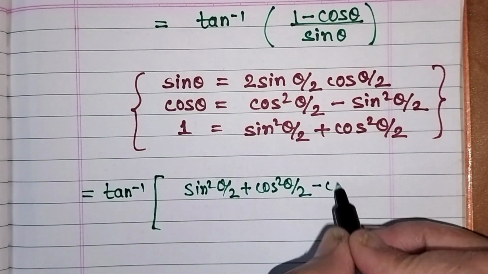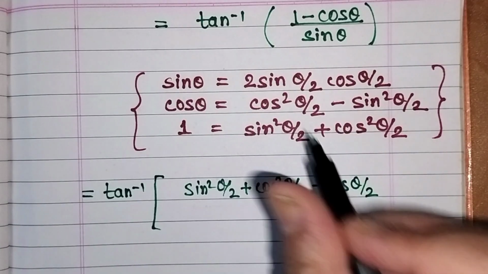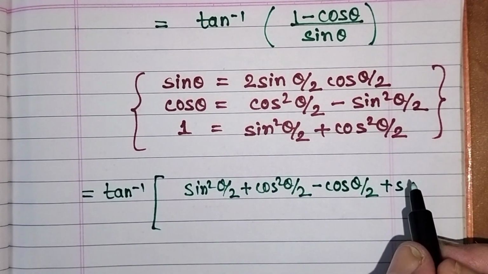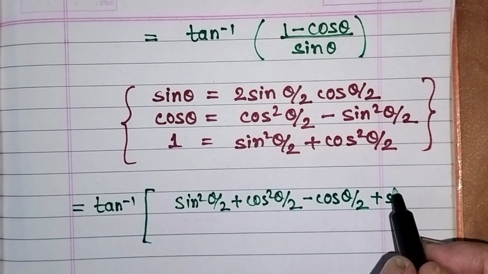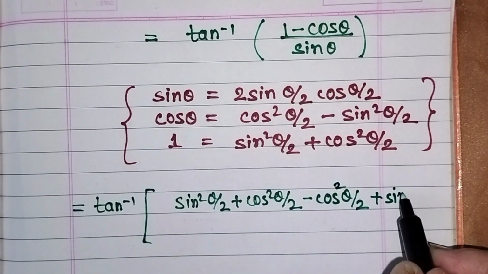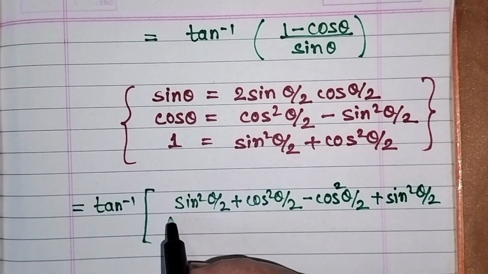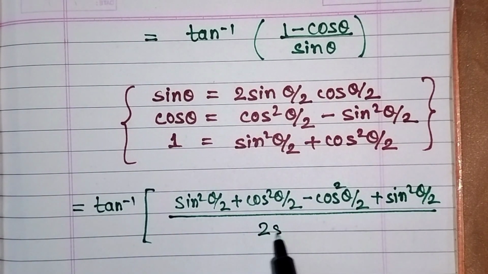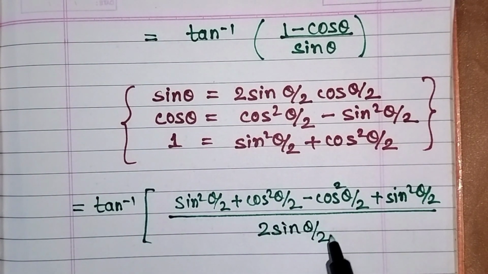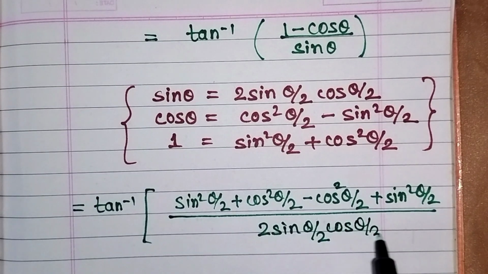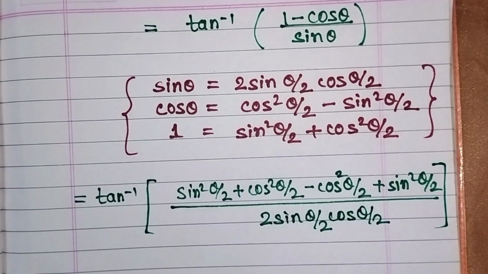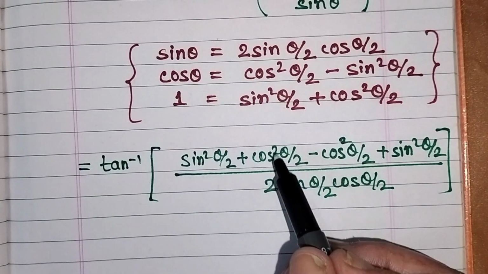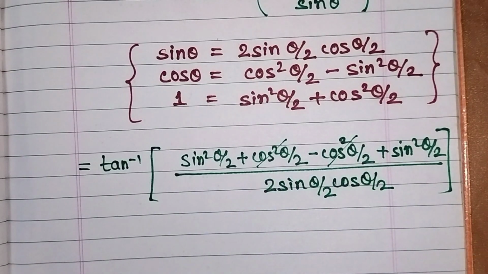So this is minus cos square theta by 2, and this minus minus becomes plus sin square theta by 2. In the denominator we have sin theta, so we will write 2 sin theta by 2 into cos theta by 2. So as you can see, this cos square theta by 2 minus cos square theta by 2 gets cancelled.